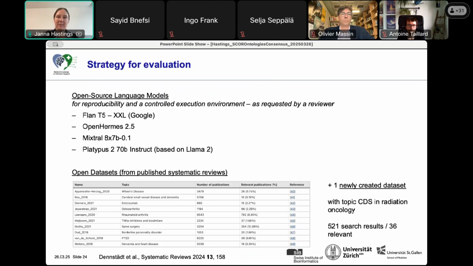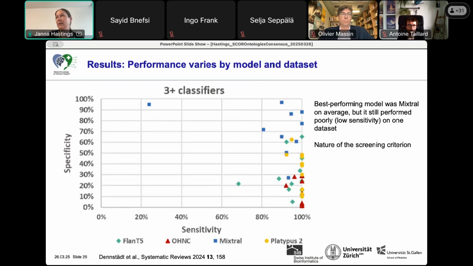So you have some kind of bias because even though it's maybe a very small point in the model's training data, all existing data sets you can assume are in the model's training data. And for that reason, we also created a brand new data set for this study where we did the evaluation of 500 papers and decided whether or not they should be included.